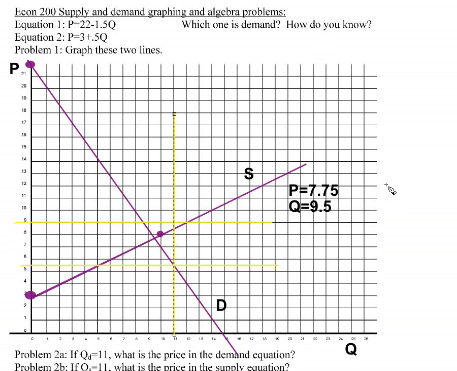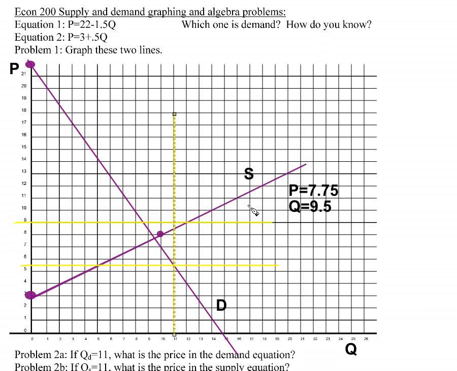And we started to look at some out of equilibrium behavior. The equilibrium is great. It's where you find a quantity and a price such that at that price, the amount that people want to buy, the quantity demanded, is the same as the amount people want to sell, the quantity supplied.